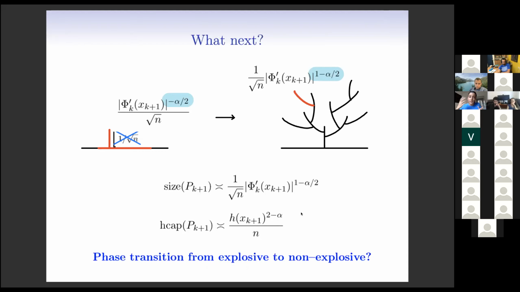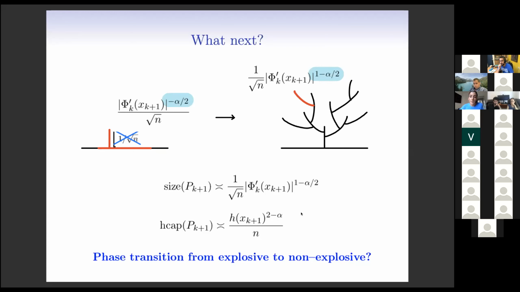But if you compensate for the distortion, say you take alpha equals 2, which corresponds to particles roughly of the same size in the actual cluster, do you really still have explosive behavior? We think that there should be a phase transition between explosive to non-explosive as alpha grows from 0 to higher values. And the question is, where is the phase transition? Is it at alpha equals 1 or a smaller or larger value?